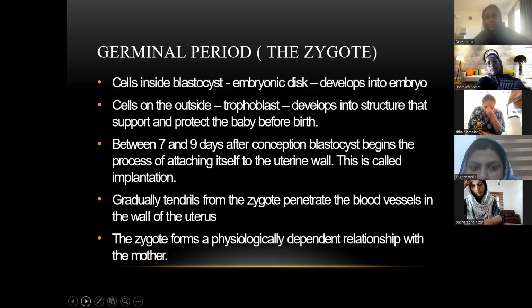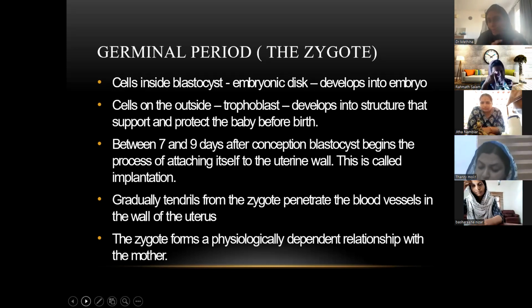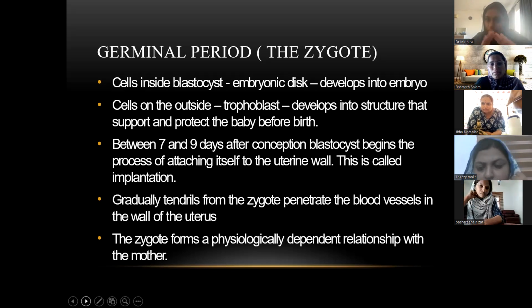So the process of attaching the blastocyst to the uterine wall is what we call implantation. That is a very important term. What happens gradually is that we can still call it a zygote, because it has not developed into an embryo yet.